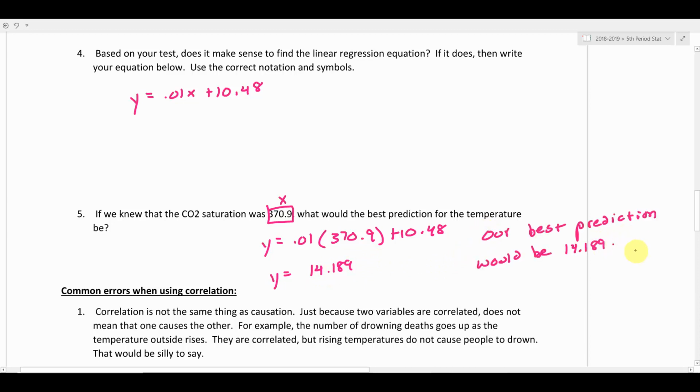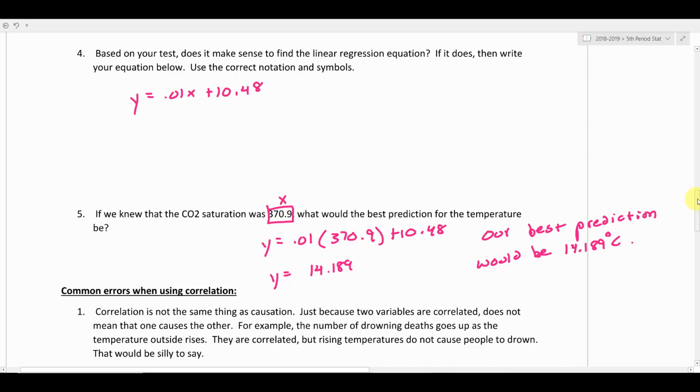So 14.189 degrees Celsius. Okay? So that's how we use it. That's kind of the gamut of using linear correlation within the scope of this class. There's many other ways that you could use different types of correlation, and there's other correlation methods as well that are out there. But this is just an introduction to it.